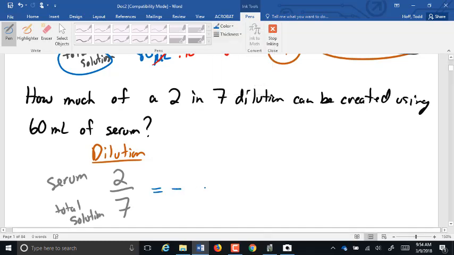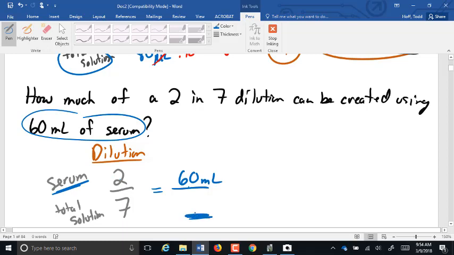So now, do we know the amount of serum? 60. You bet. So we set up a proportion, and on the other side, the other ratio, we match up the 60 milliliters with the 2 because both of those represent the amount of serum. What we're going to find down here, of course, is going to represent what? Yes, the amount of total solution.